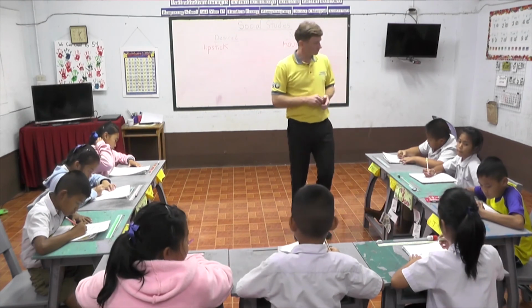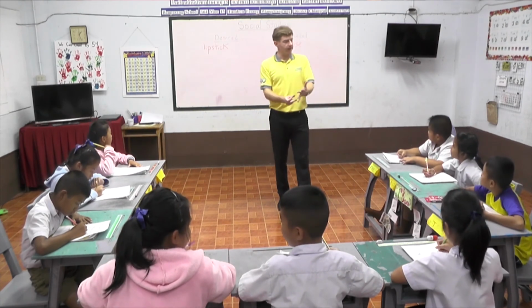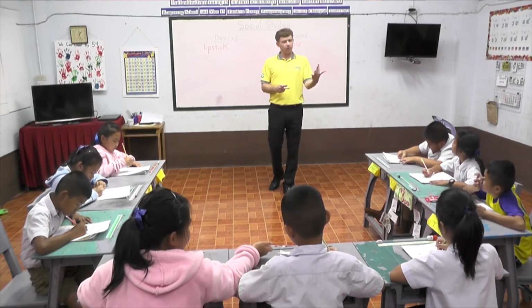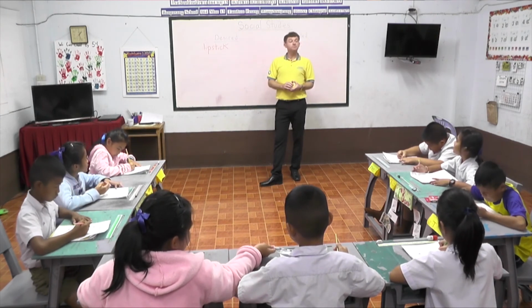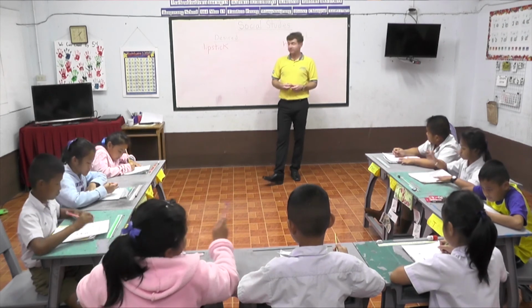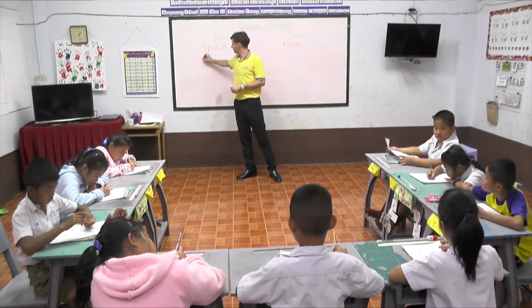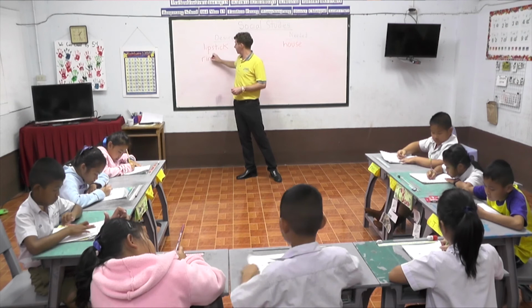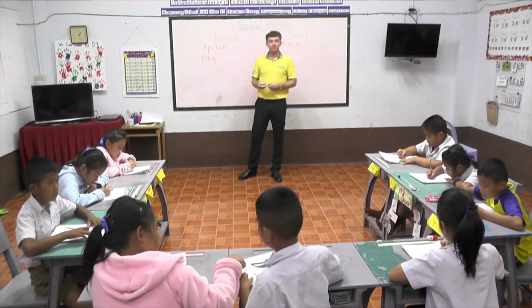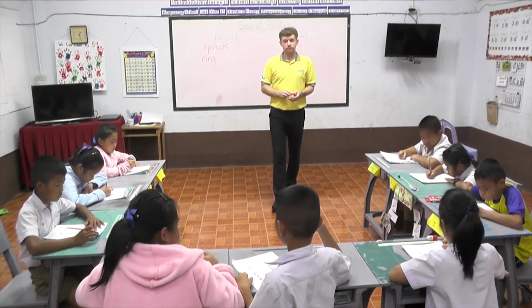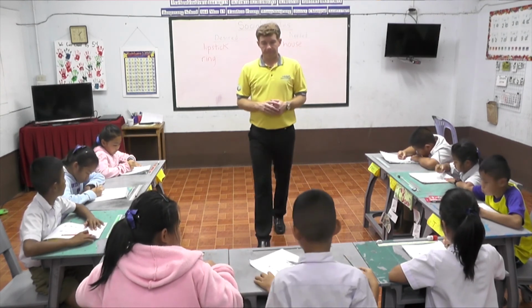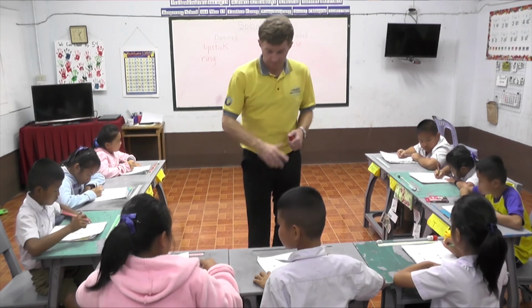Ring. Okay, I have a ring. Do I need the ring or is the ring desired? Desired, yes, a ring is desired. We don't need a ring, but we want a ring. So let's see.